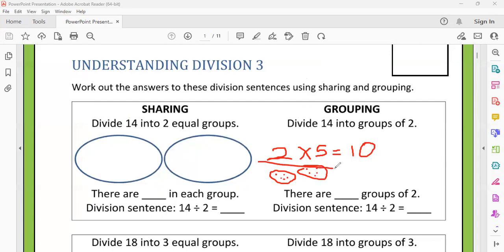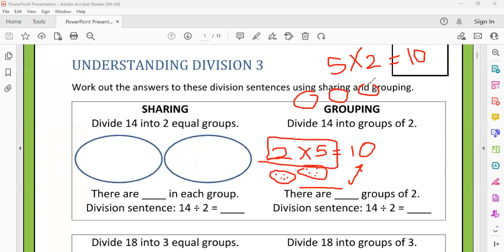So this is how I draw 2 times 5 as 2 groups of 5. Answer 10. Now, if I said 5 times 2, my answer is also 10. Am I right? But instead of 2 groups, I'm going to have 5 groups. Do you see that? And every group will have 2 in it.